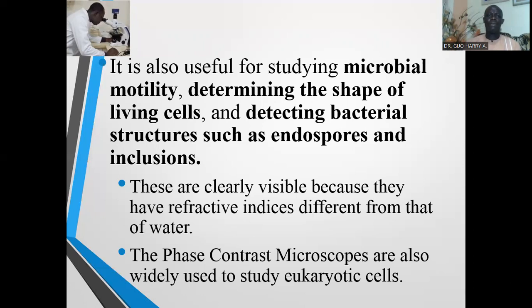And it is also used to determine the various shapes of living cells, and for detecting bacterial structures such as endospores and inclusions. These are clearly visible because they have refractive indices different from that of water. The phase contrast microscopes are also widely used to study eukaryotic cells.